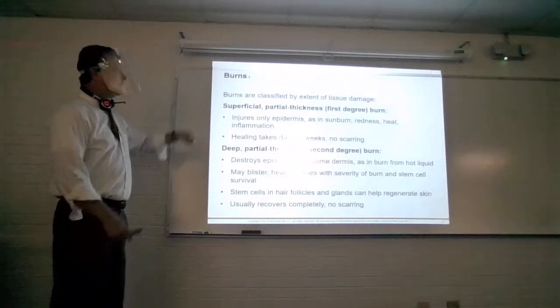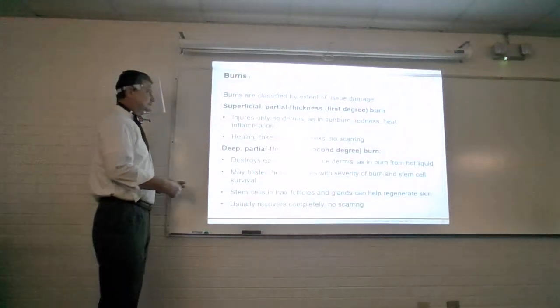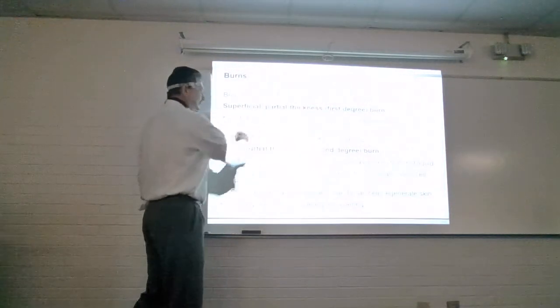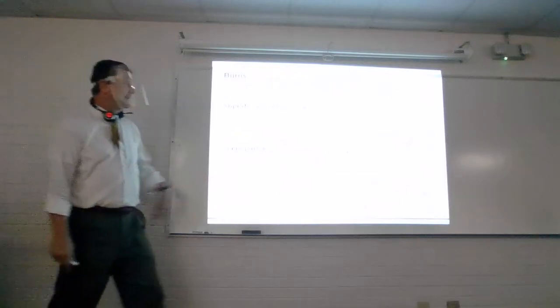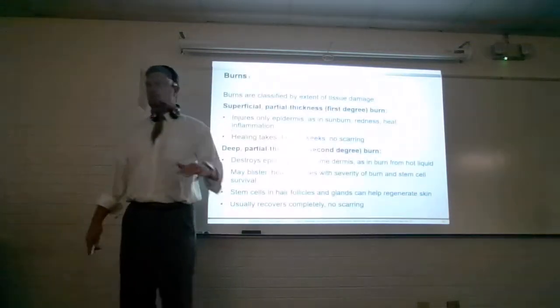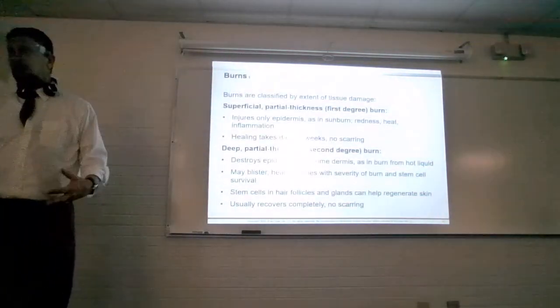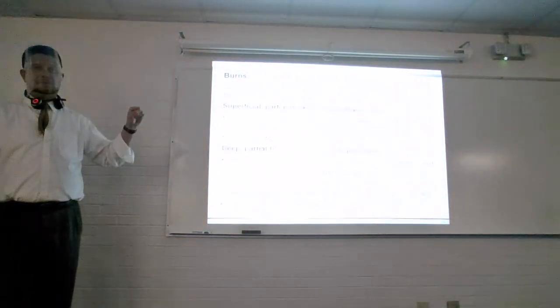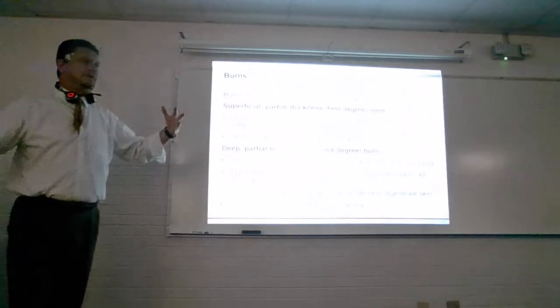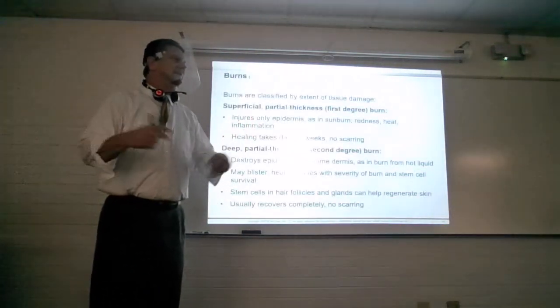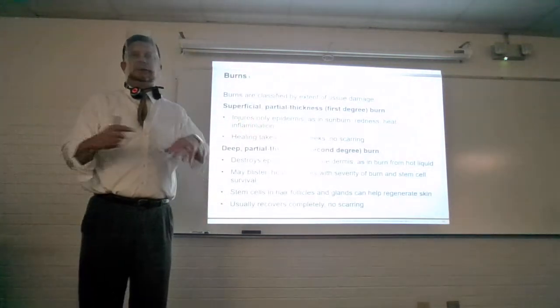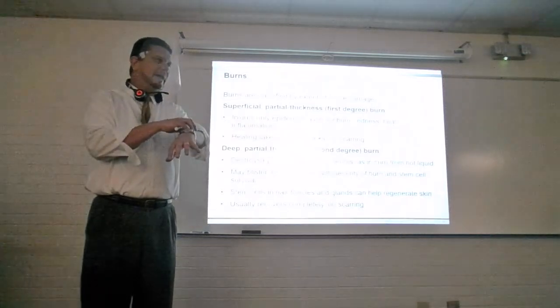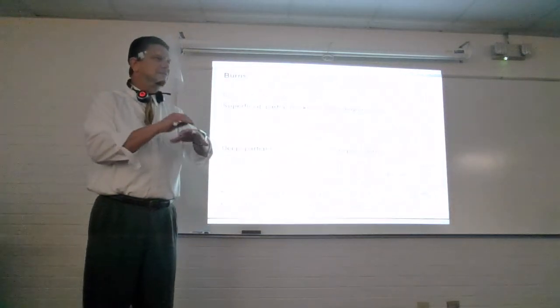Now, superficial partial thickness, these first degree burns, again do not get past the epidermis. Now, it says as in sunburns. I don't know about you, but I've had plenty of sunburns, unfortunately, that were not first degree burns. This is talking about the sunburn of, oh, I was outside for like 10 or 15 minutes and my arm turned red and it was a little bit warm and it kind of stung a little bit.